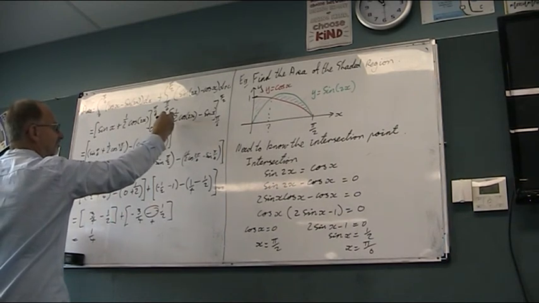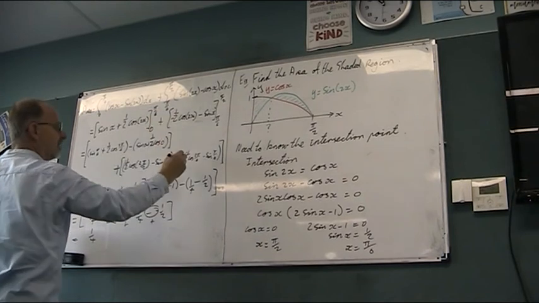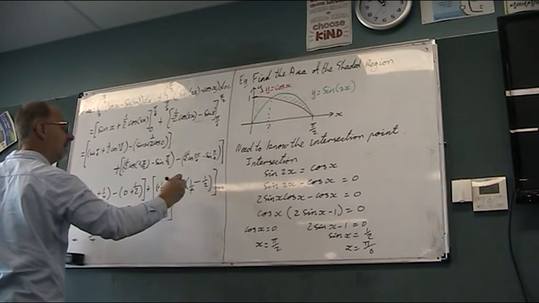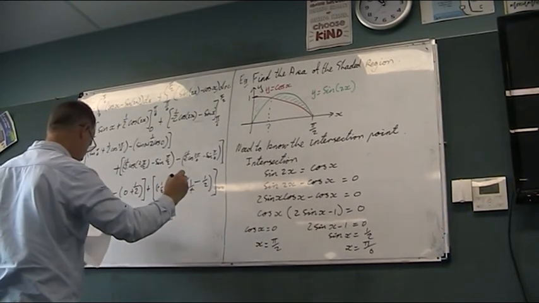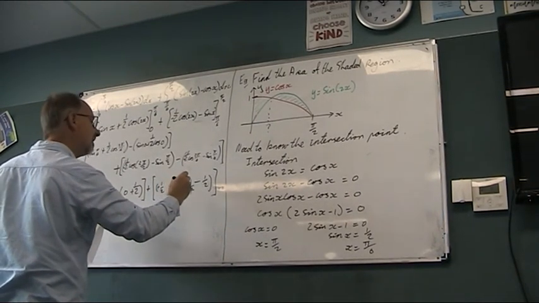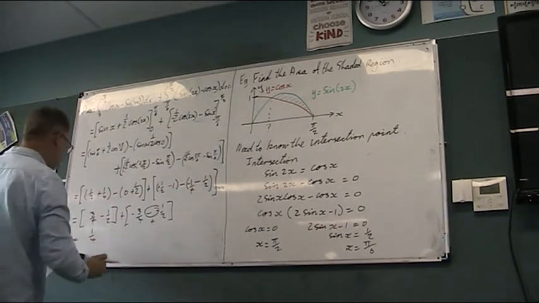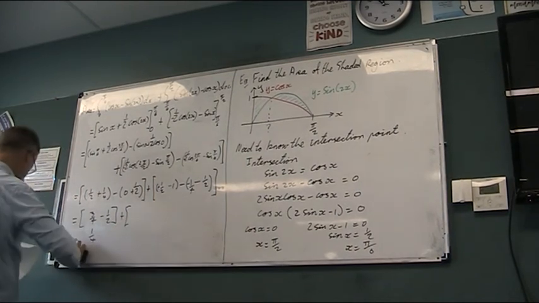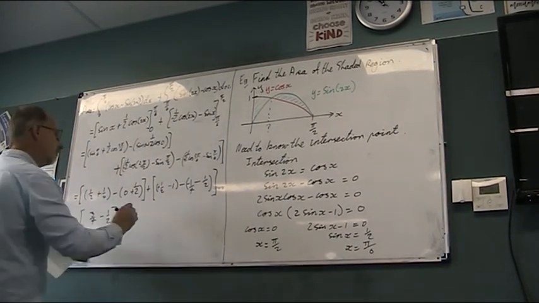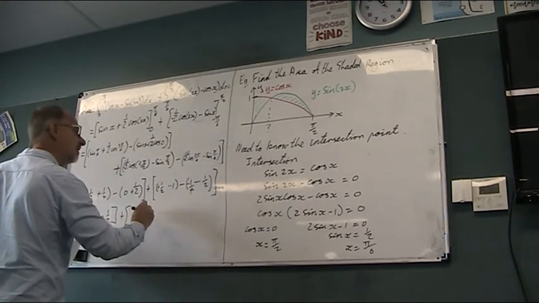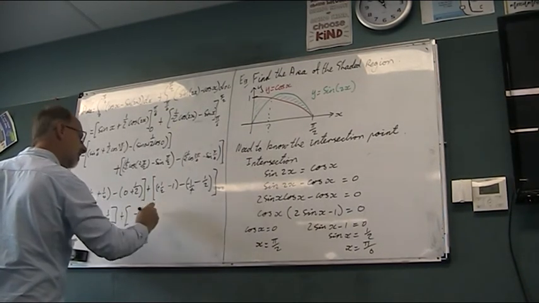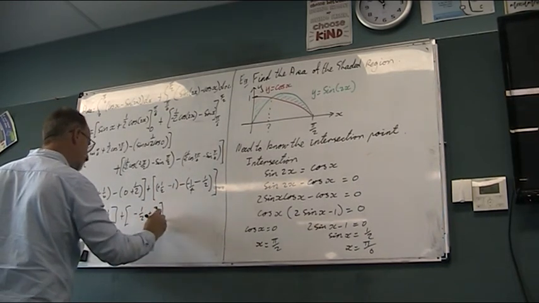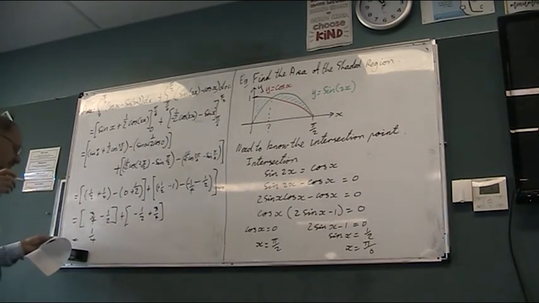A negative. It does, doesn't it? So there's my mistake. Negative there, negative there, plus there. Negative there. Minus a half. Plus 3/4. That's better.